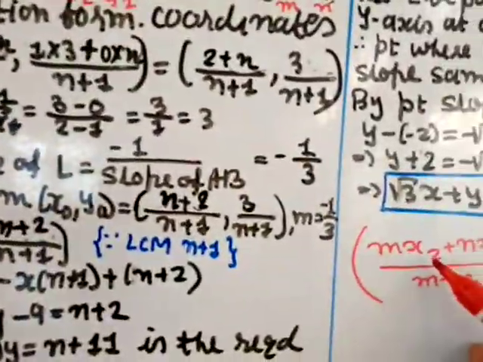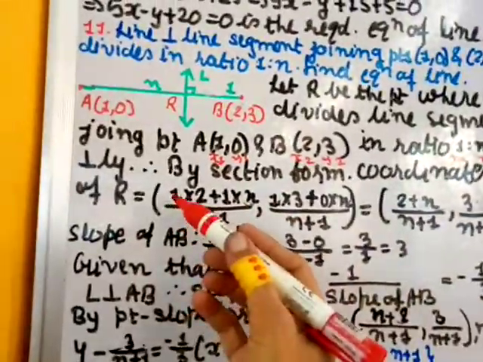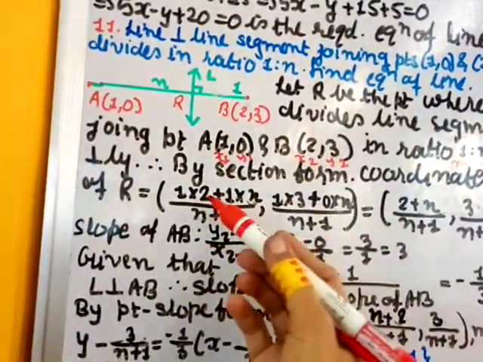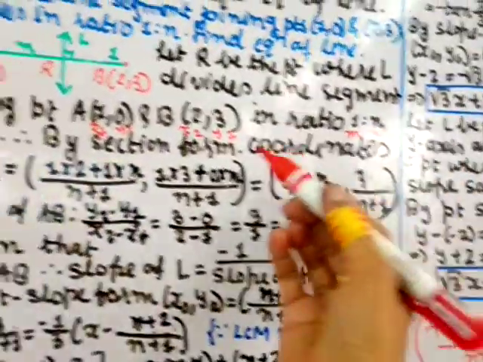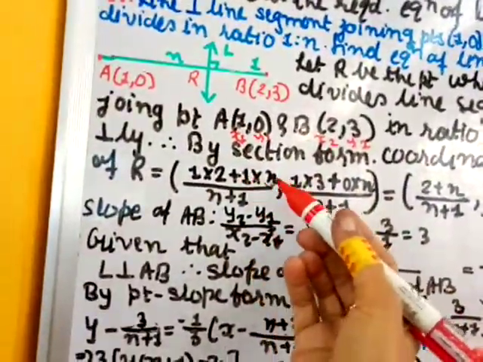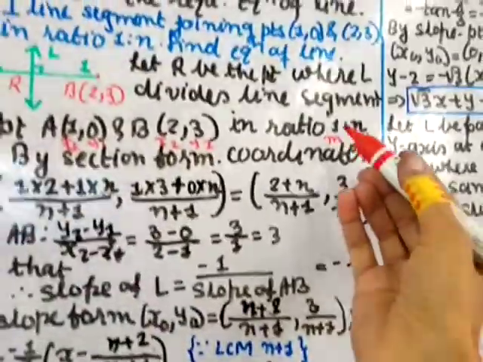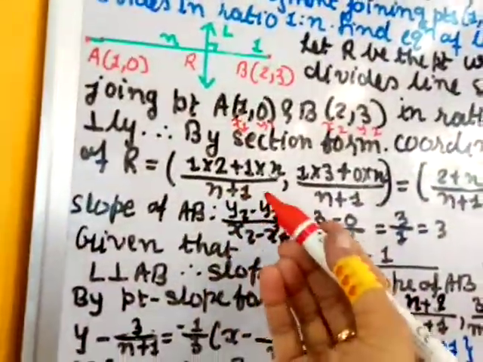So mx2, so m is 1, so 1 into x2, so x2 is 2, plus n x1, so n is n and x1 is 1, so 1 into n, divided by m plus n, that is 1 plus n. I have just written n plus 1, comma.